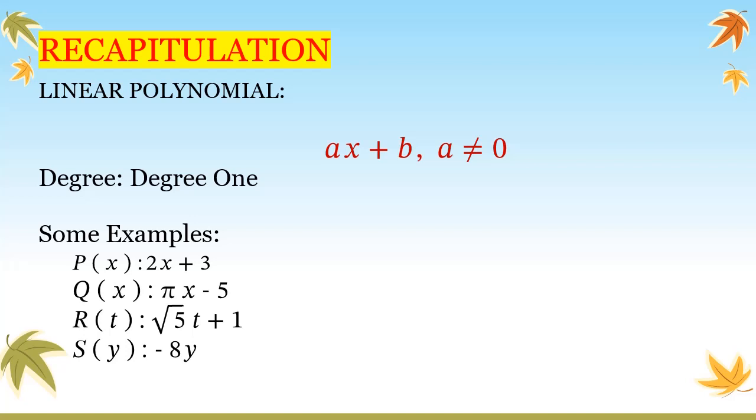Okay? The degree of a linear polynomial is always 1 because here the variable is x and its highest power is 1. Some examples are p of x equals 2x plus 3, q of x equals pi x minus 5, r of t equals root 5 t plus 1, s of y equals minus 8y.